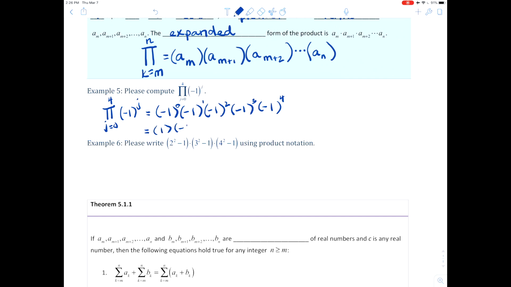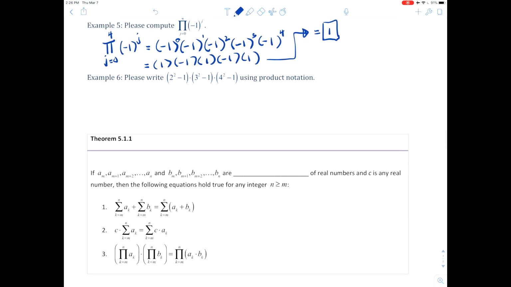Positive 1 times negative 1 times positive 1 times negative 1 times positive 1, right? And this is beautiful, positive 1, because there's an even number of negatives. Cool? All right, so next example, this will be pretty similar.